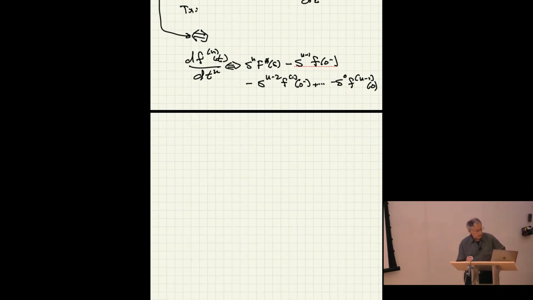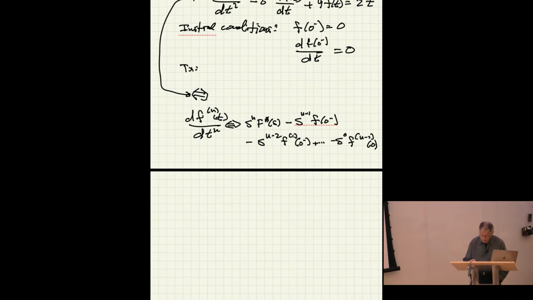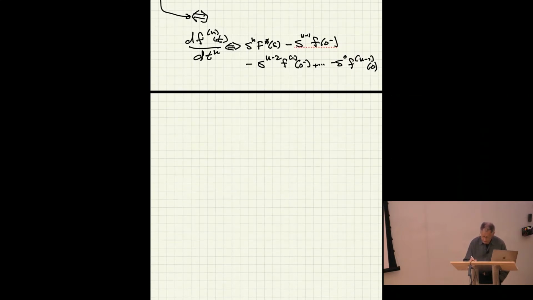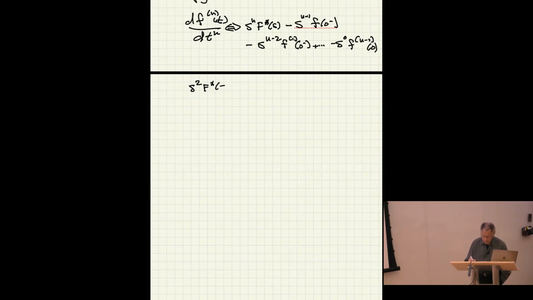taking advantage of what I just wrote down and showed you, we'll basically get s squared. We have a second derivative up here, you see. Second, so I'm going to get an s squared times f star of s. But remember, I have to take away 2 terms as well.